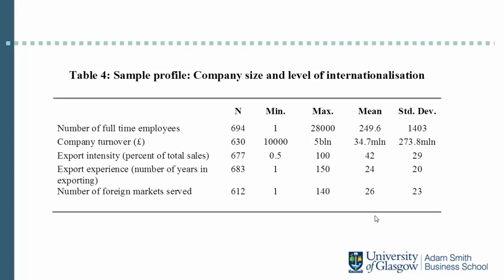You will see that the sample sizes here vary from 612 to 694, meaning not all respondents provided all the data. I had a good range of firm sizes by the number of employees, ranging from 1 to 28,000, and the average of about 250 provides some confidence in my data, considering that this is about average for the UK.